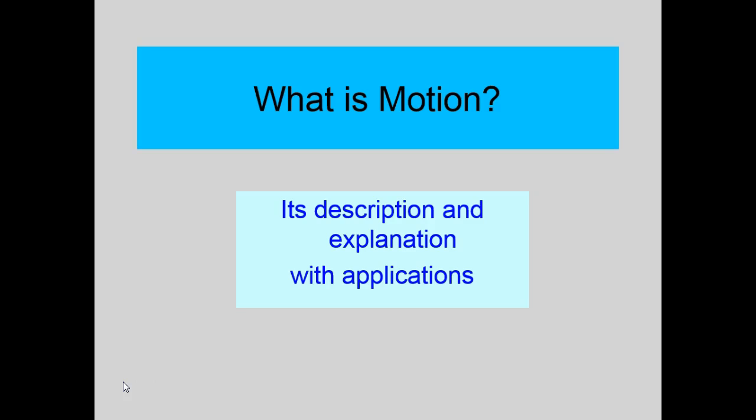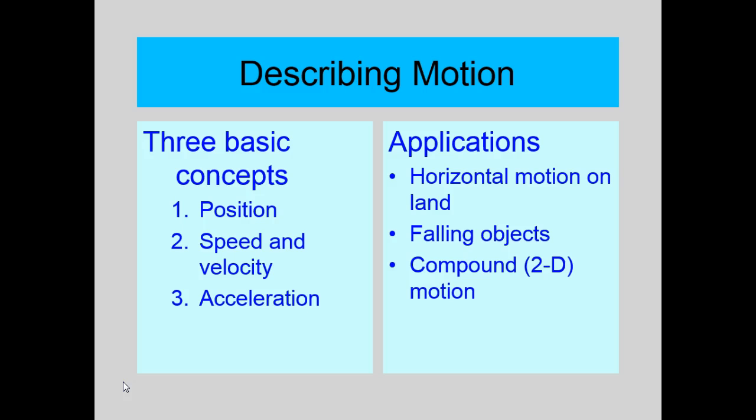It's not beam me up, Scotty. Even that took a little bit of time. So what we'll do with motion, we'll talk about describing motion, then we'll talk about explaining motion, and then we'll talk about some applications of the description and explanations. That's basically the 3 parts of this chapter. Let's start with describing motion.